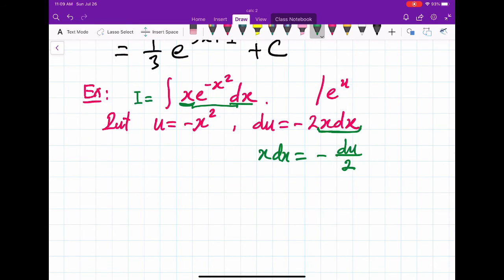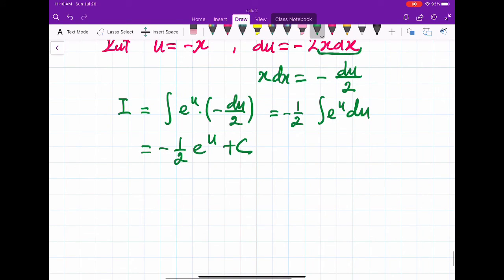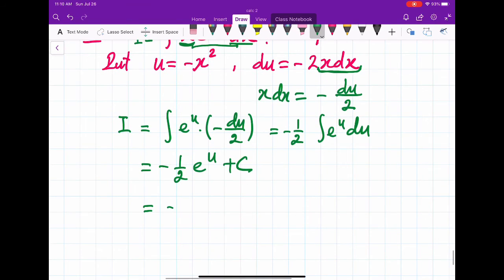Let's denote it by I. So integral I equals e to the u and negative du over 2. That is negative 1/2 e to the u du, and that is negative 1/2 e to the u plus c, right? And now you plug the substitution back here, you get negative 1/2 e to the negative x squared plus c.